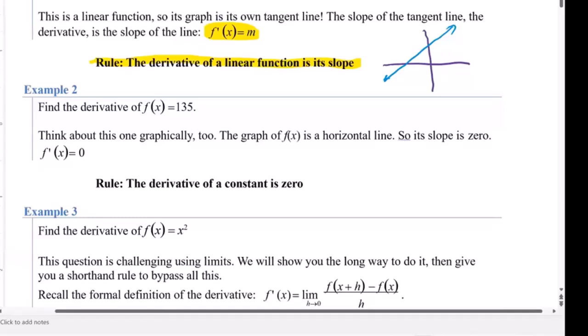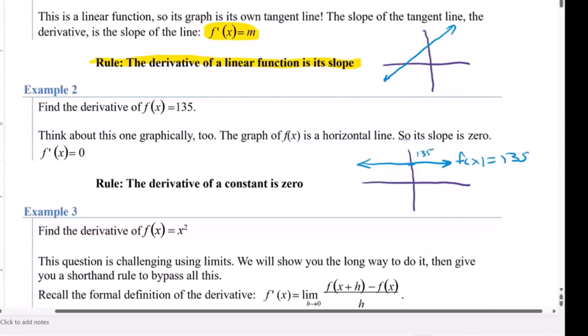Or example 2 and rule 2 as well. If we want to find the derivative of f of x equals 135, we would have a graph that looks like this. This is f of x equals 135 if this point right here is 135.